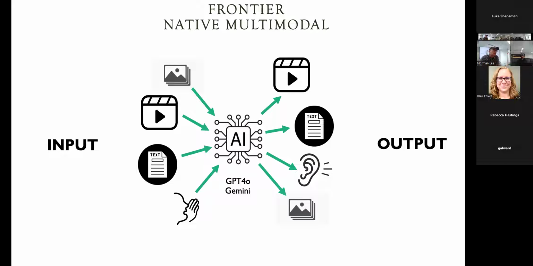Where they can input all sorts of different modes like images, video, text, speech, music, whatever. They can input that, have a common understanding of what the content of those things is, and then be able to output into a variety of modalities, right?